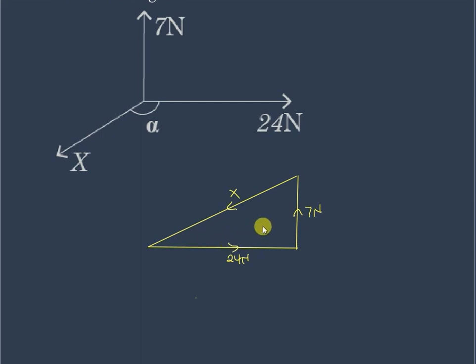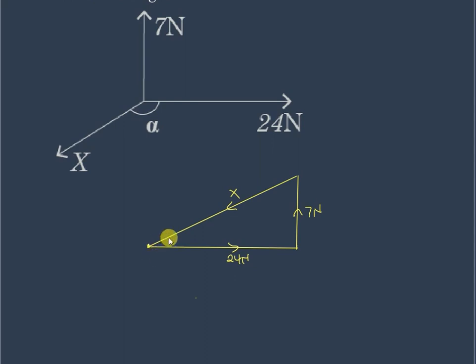You can see that the slope of this is that. Then this one is horizontal, then this one is. And now where is alpha? Well, look at this alpha. It is the angle between 24 and x. 24 is here and x is there. The only point we can think of for 24 and x is this point here.